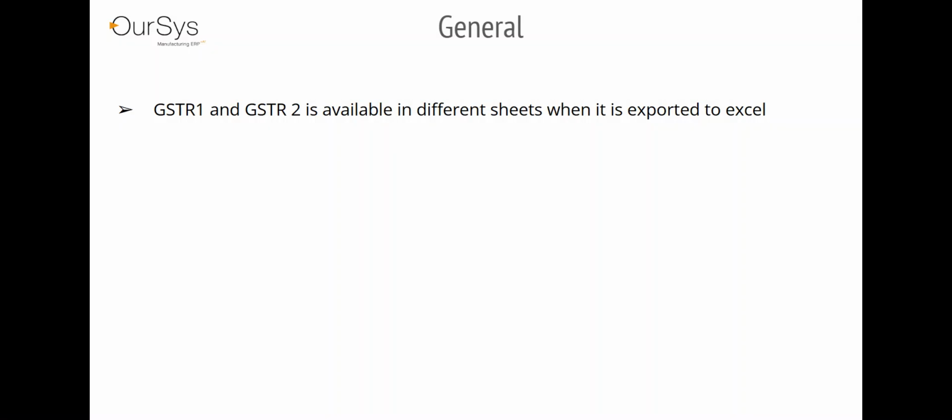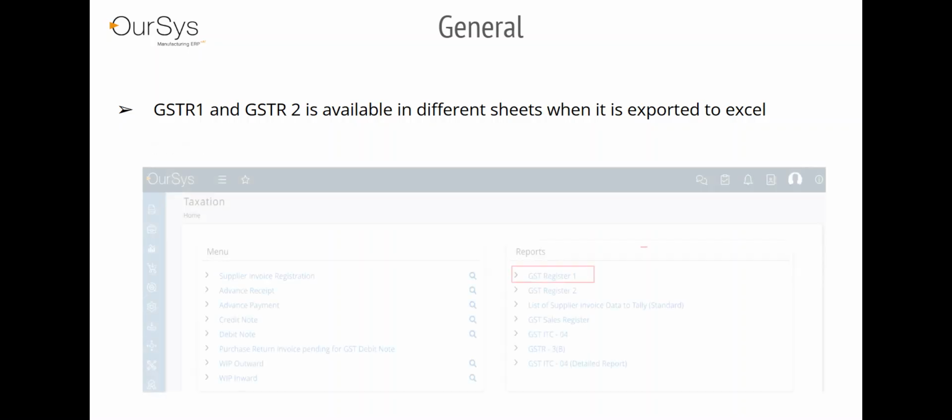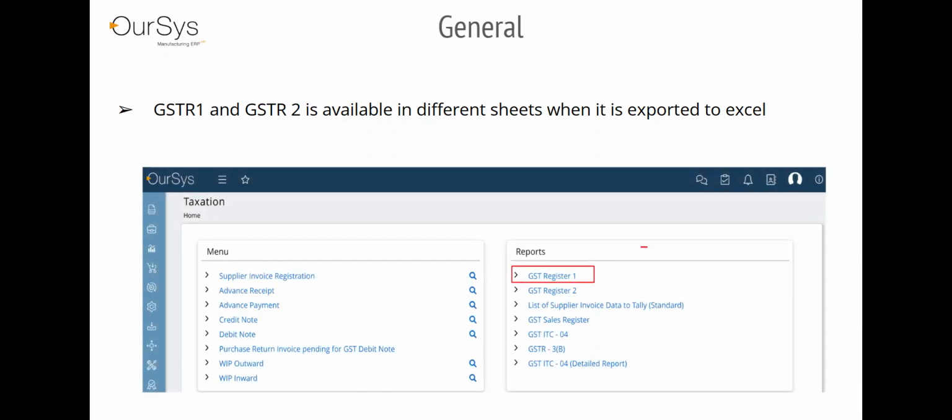GSTR1 and GSTR2 are available in different sheets when exported to Excel. Previously, when we downloaded the GSTR1 and GSTR2 report, all the details like B2B, B2C, HSN summary used to come into a single sheet.